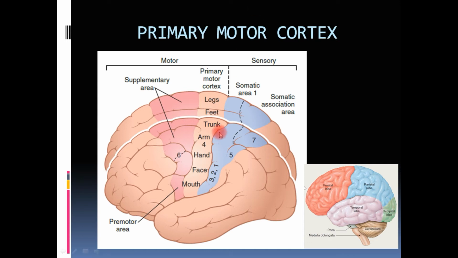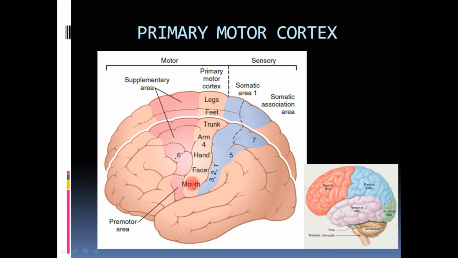So let us say, if we stimulate this area, here the cell bodies of the neurons which are supplying the muscles in the mouth are present, for movement of tongue, for articulation, or for mastication.